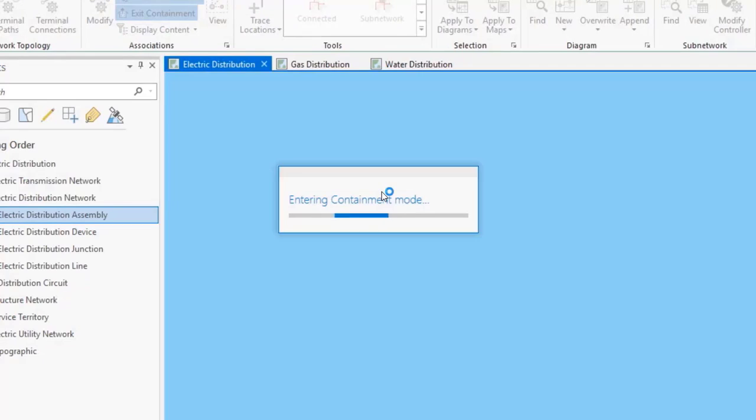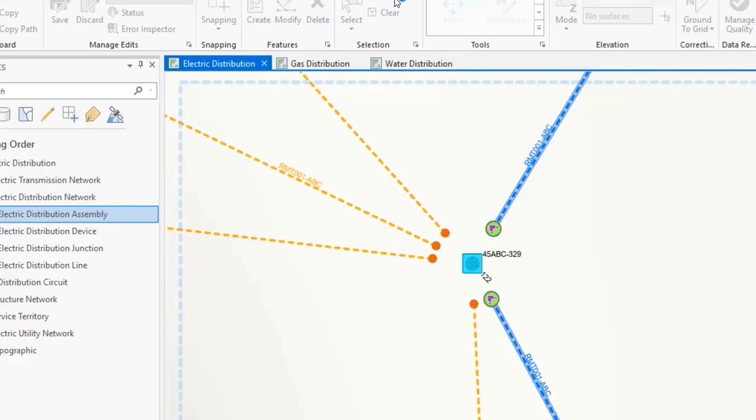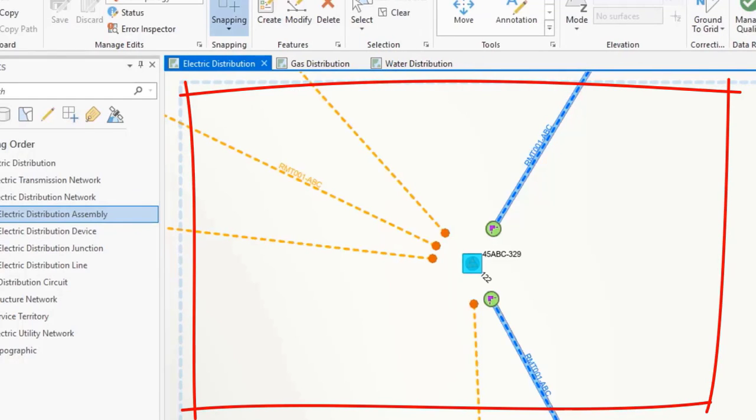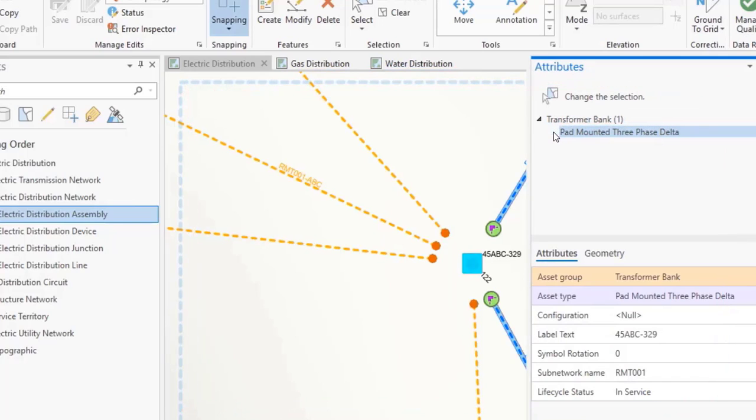If I were to look at the attribute table, we could see that that assembly, which is represented by this blue dashed outline, contains connection points, fuses, and transformers. So an assembly is a container for a number of devices that represents a single operational facility on your system.